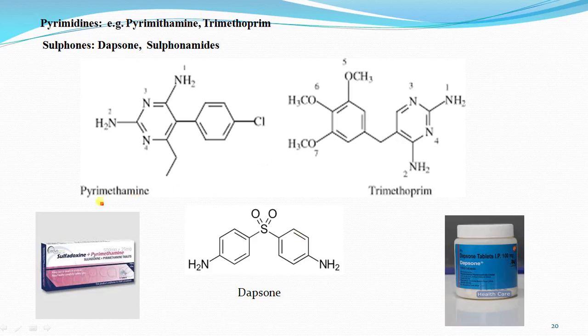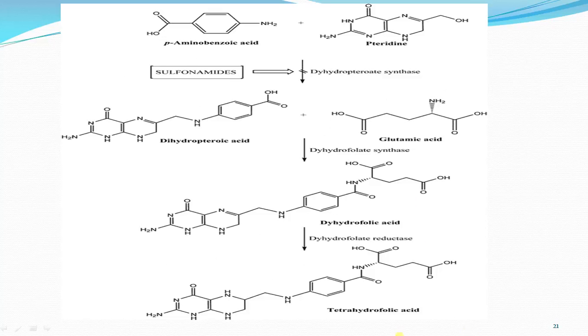When pyrimethamine is considered, pyrimethamine, trimethoprim and dapsone have the same type of mode of action as sulfonamides. They inhibit the dihydrofolate reductase enzyme, which is responsible for conversion of dihydrofolic acid to tetrahydrofolic acid. The sulfonamides inhibit the dihydropteroate synthase enzyme, which is responsible for formation of dihydrofolic acid.